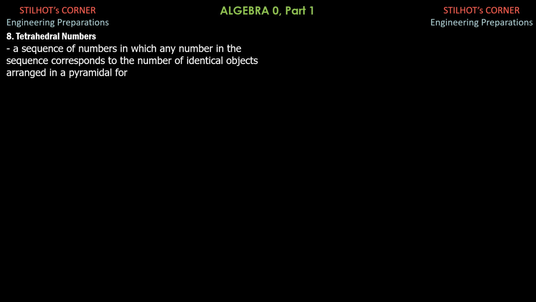So imagine that one object over 3 objects, 3 identical objects. These 3 objects will be over 6 identical objects. Then the 6 identical objects will be over 10 identical objects. So we notice that the triangular arrangements in each layer would be triangular numbers also.